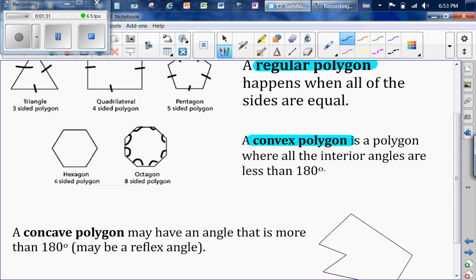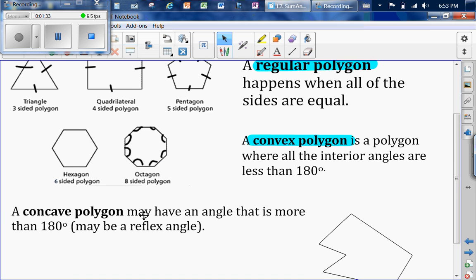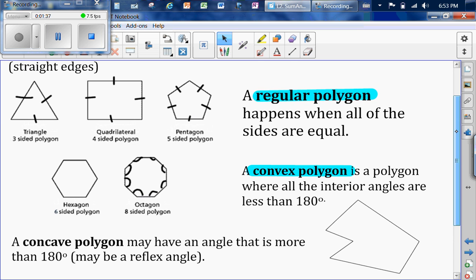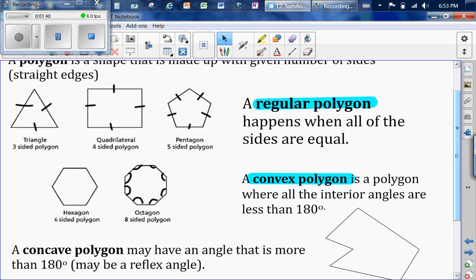We can also have things that are called concave polygons, and I'll just move this up a little bit so we can keep everything on the same page. Concave polygons will have an angle that is more than 180 degrees.